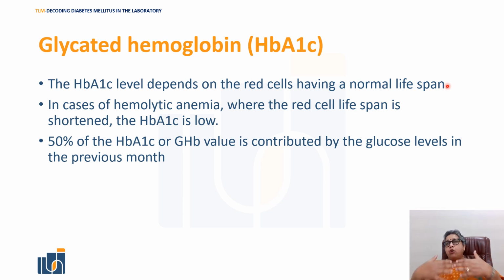I could be normal today, but 3 weeks ago I may have been binging on sweets and my glucose levels were very high. So this average glucose level for the last 3 months gives the doctor a fair idea of how your glucose levels vary with time.